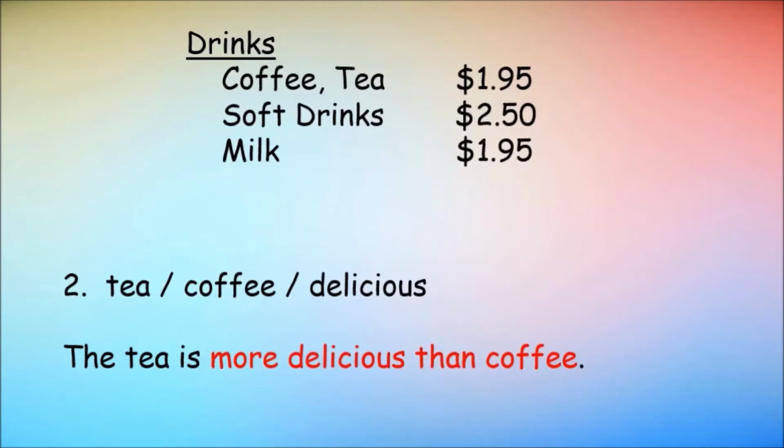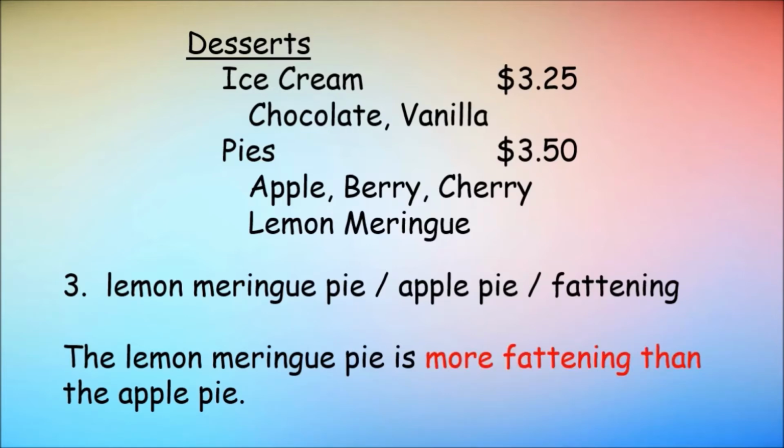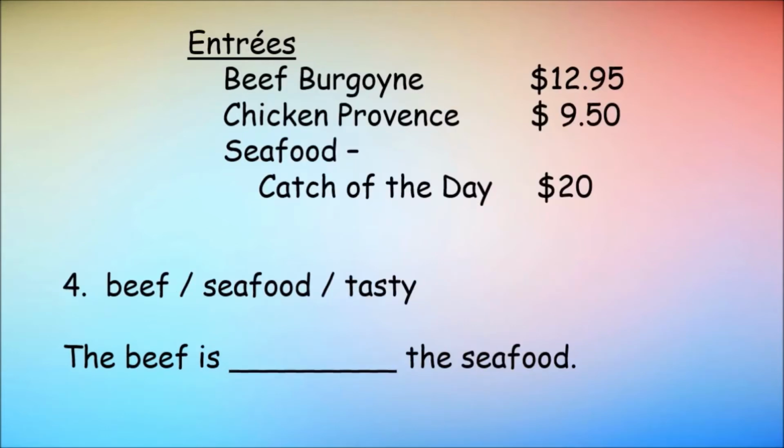The tea is more delicious than the coffee. The lemon meringue pie is more fattening than the apple pie. The beef is tastier than the seafood.